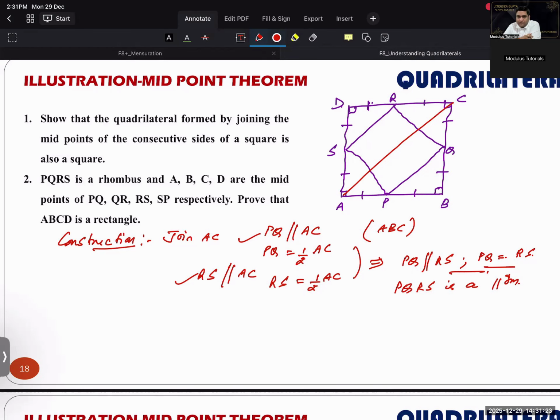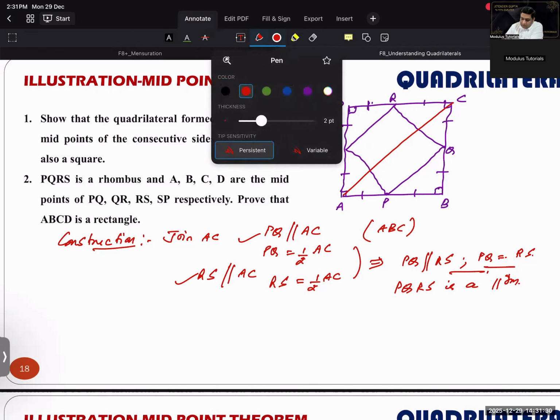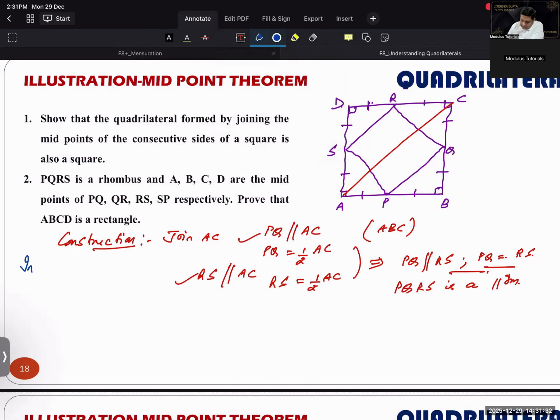Now what can we do next? If you consider triangle APS and triangle BPQ, see, AS is equal to BQ, AP is BP, and angle A is B. This is all given to you.